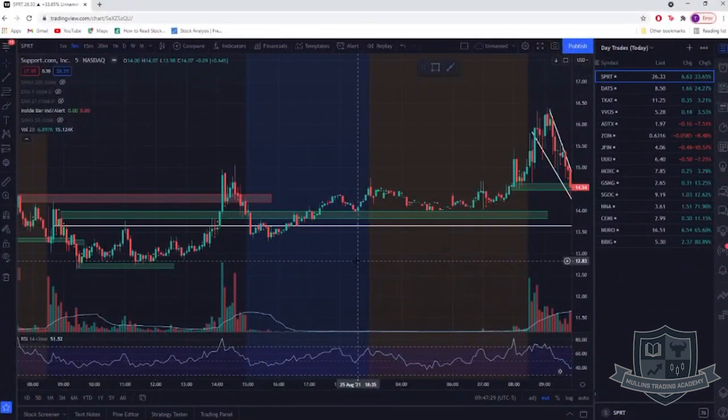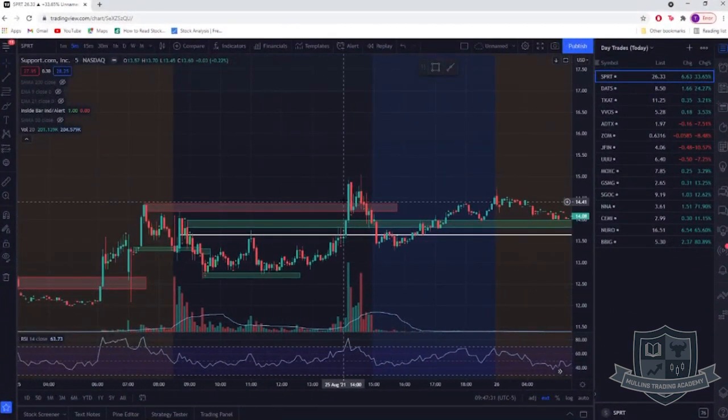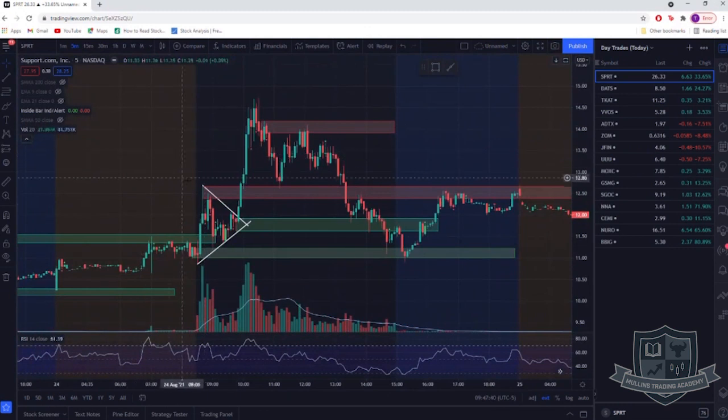When you rip through a supply zone, essentially what you're saying is there are still some orders there from shorts, but it doesn't matter because you've got so much buying power that you rip through those orders, but those orders still get filled.